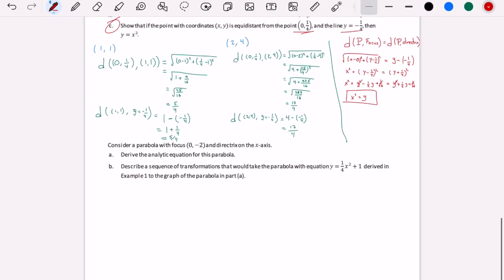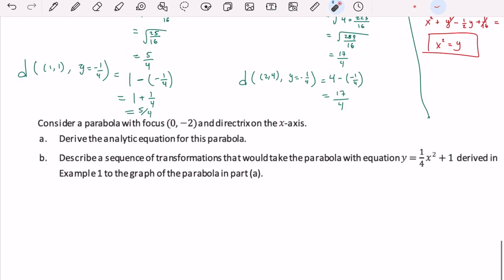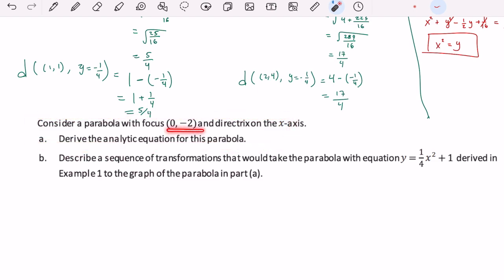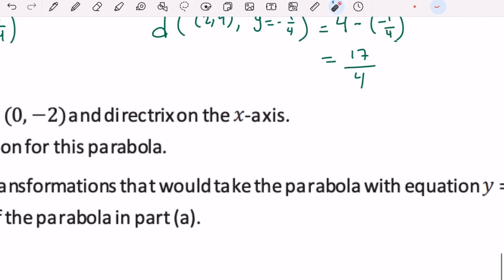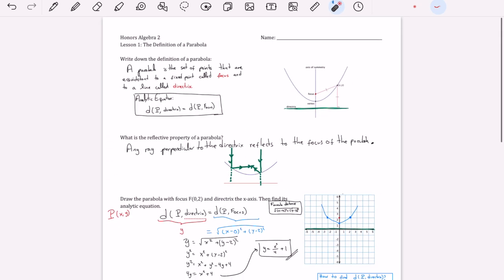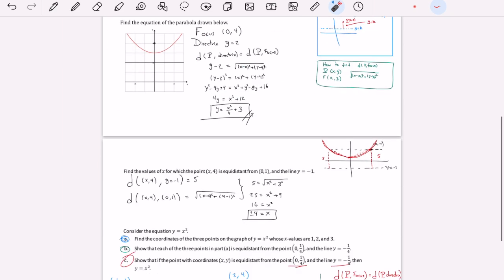Okay, so now your objective is to do this problem. I'm just going to guide you very quickly. You just have to derive an analytic equation with this focus and the directrix being the x-axis, like y equals 0. This is very similar to what we did in the first problem.